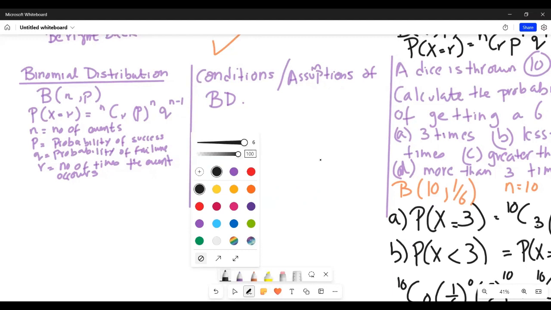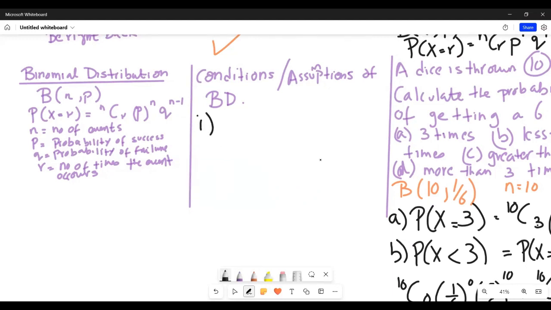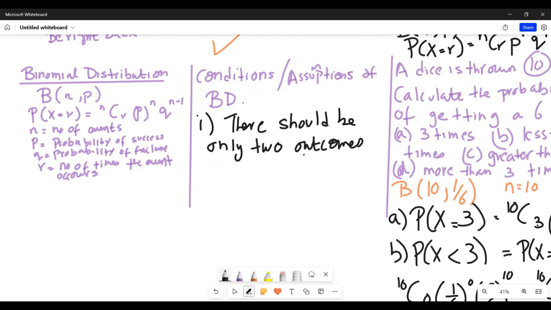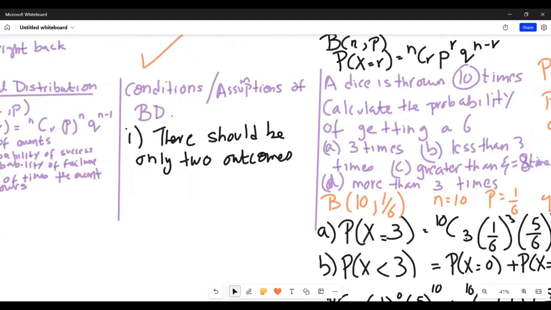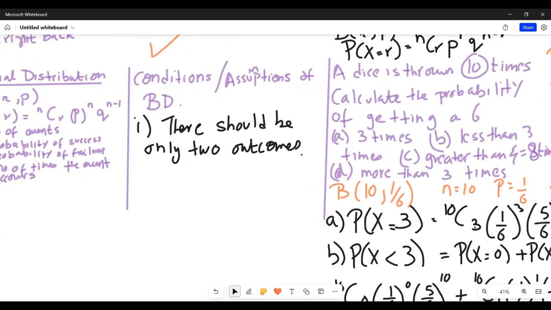Part 1. There should be only 2 possibilities. Outcomes is not a correct word, possibilities is better.